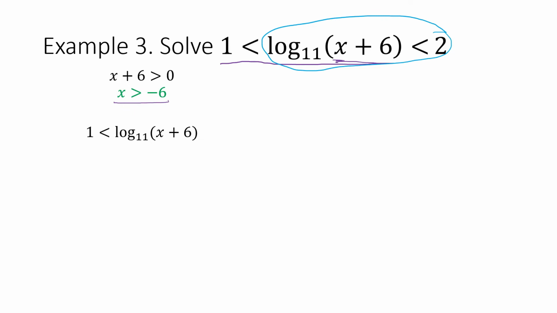When you are dealing with a logarithmic inequality, you will express this 1, on the left side of the inequality, in terms of a logarithm also with base 11, with the same base. We have learned from the properties of logarithm that a logarithm is equal to 1 if the anti-logarithm and the base are the same.